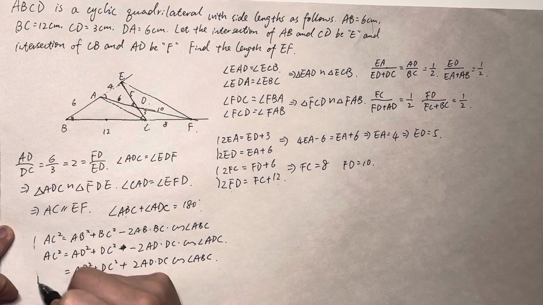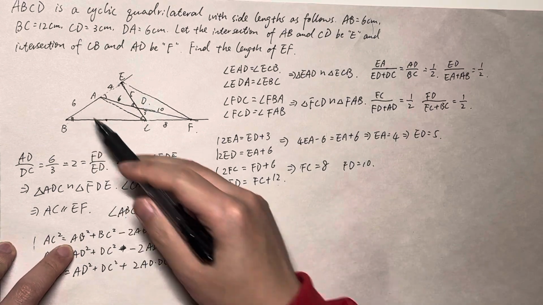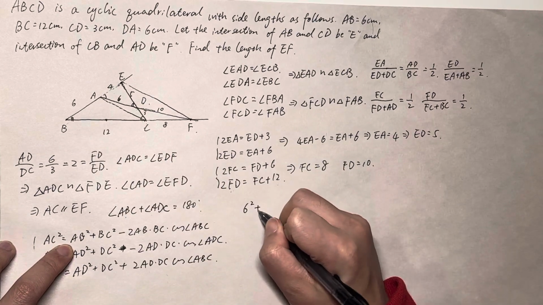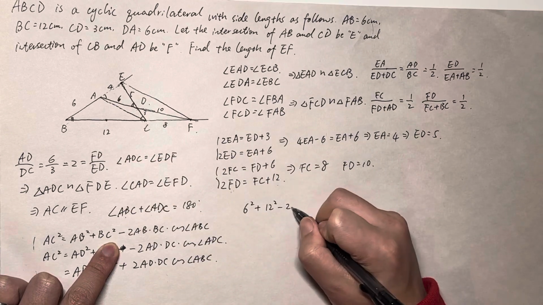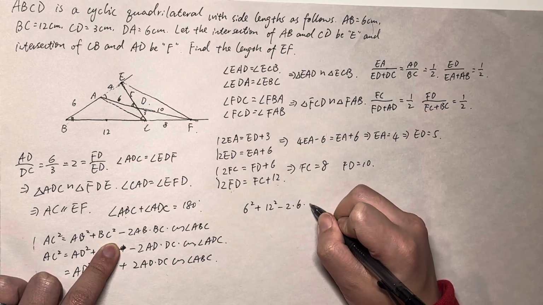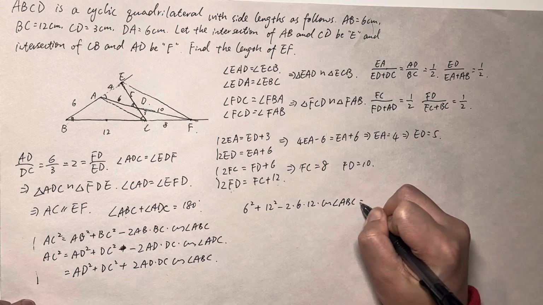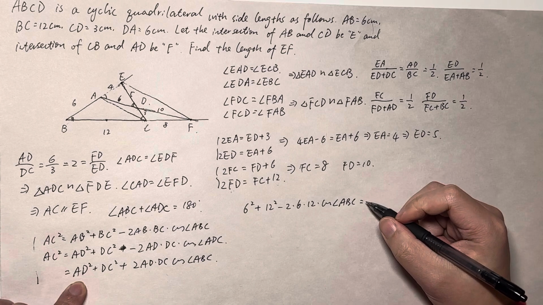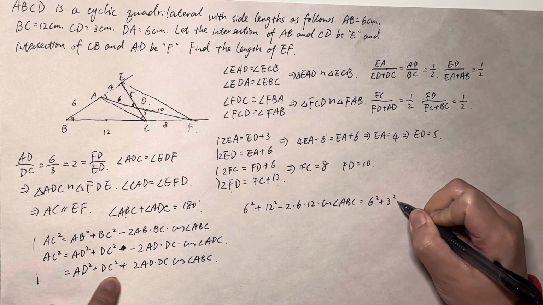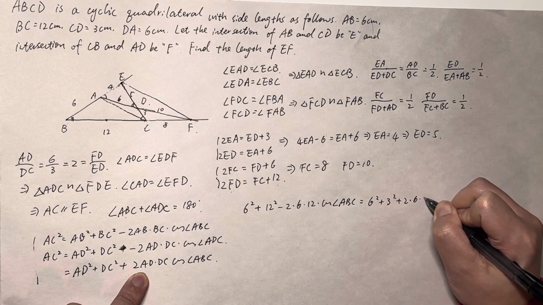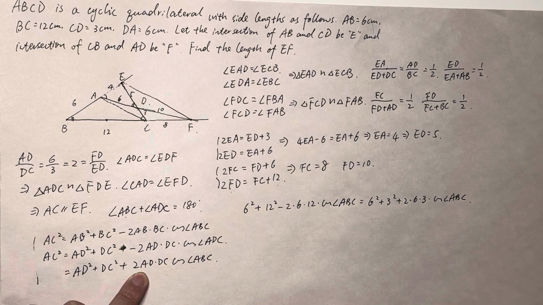So from these two, we have AB squared. I'll just replace the numbers here. 6 squared plus BC squared, that's 12 squared, minus 2 times 6 times 12 times cosine angle ABC equals AD squared, which is 6 squared, plus DC squared, that's 3 squared, plus 2 times 6 times 3 times cosine angle ABC, right?